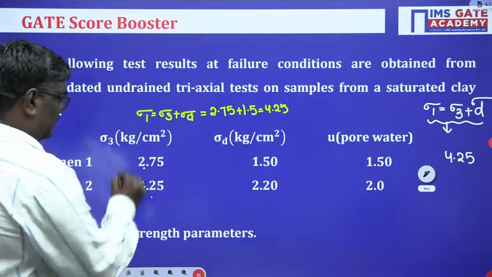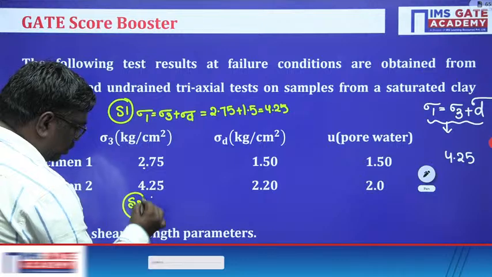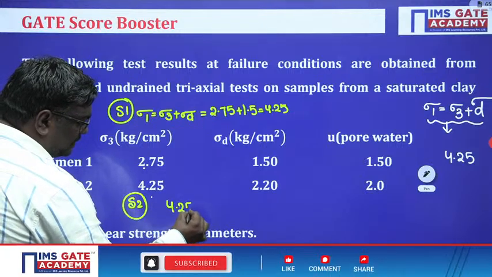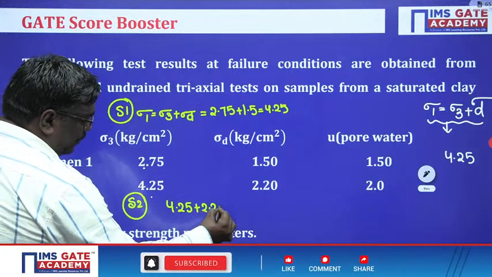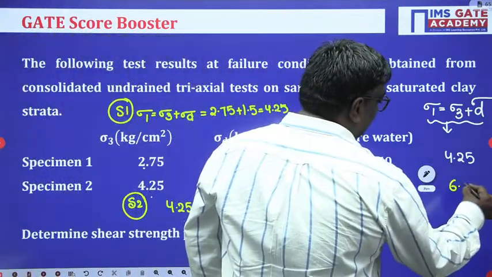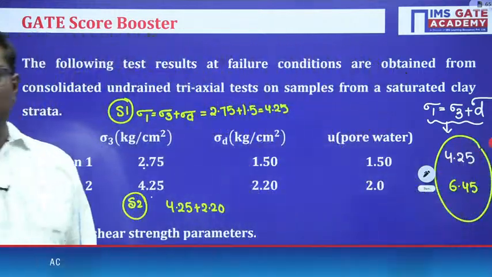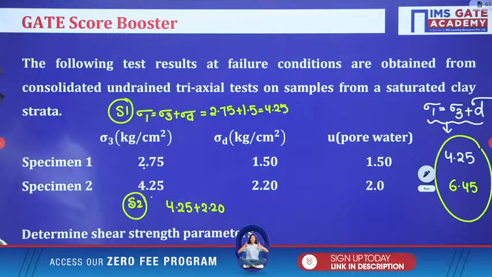This is for specimen 1, S1. For specimen 2, this is 4.25 plus 2.20, which will be equal to 6.45 kg per centimeter square.